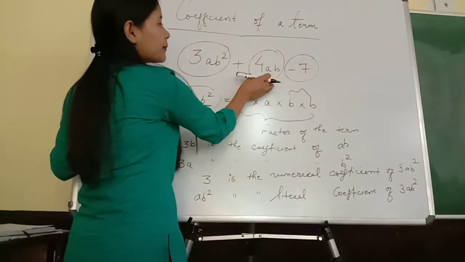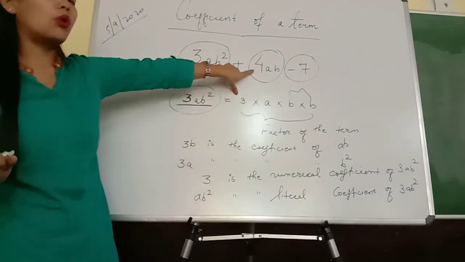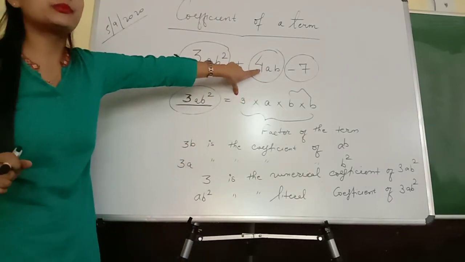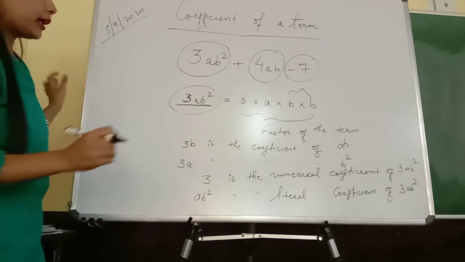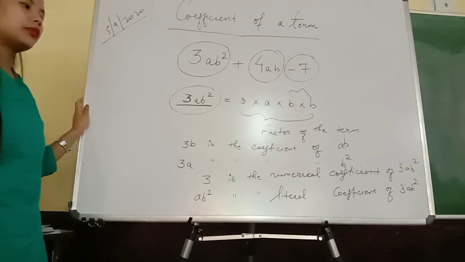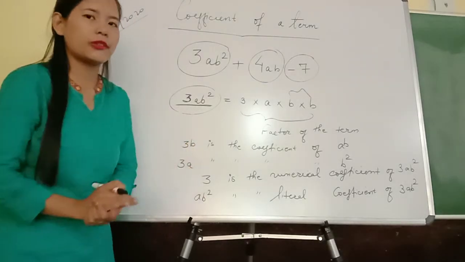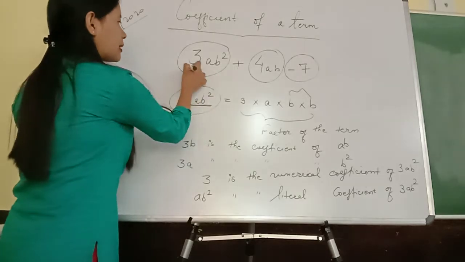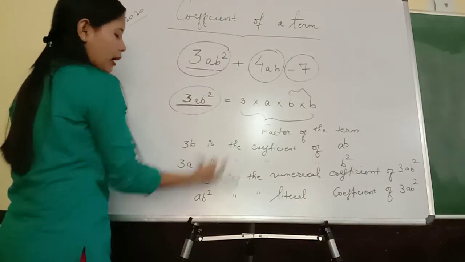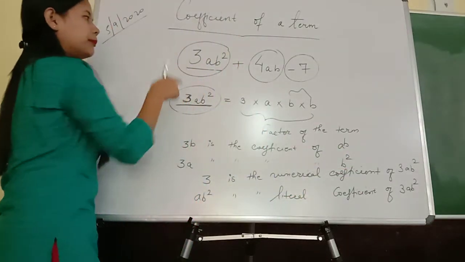If you look at this term 4ab, the number present is 4, so 4 is the numerical coefficient. Later we learned what is the literal coefficient. The variable which is present in the term is called the literal coefficient. As in this case, the variable present was ab square, so ab square is the literal coefficient of this term.